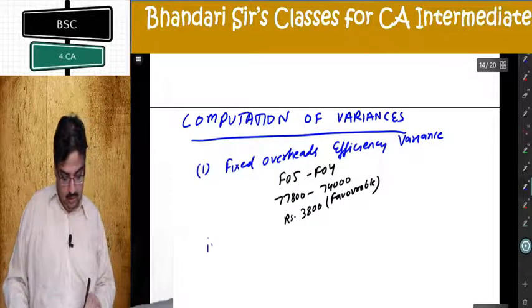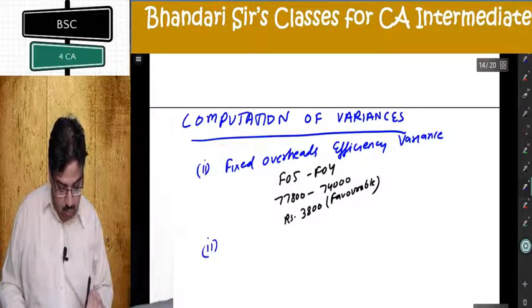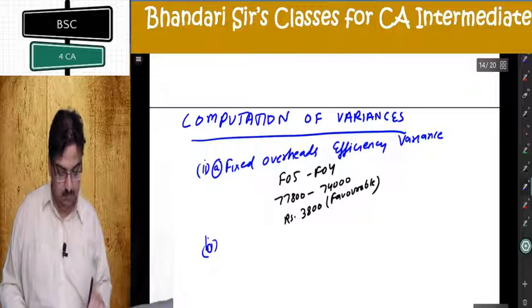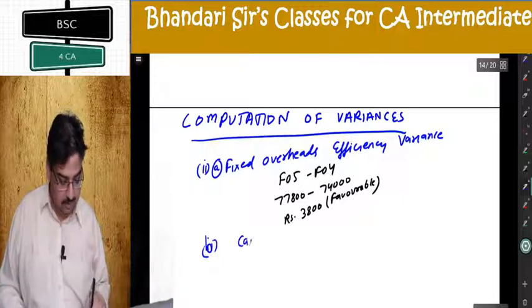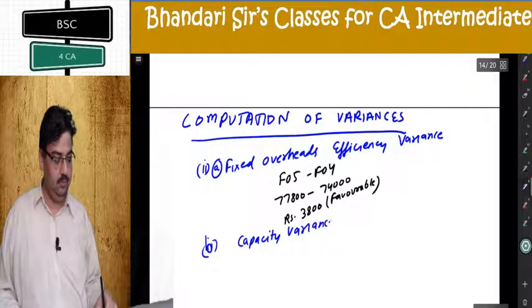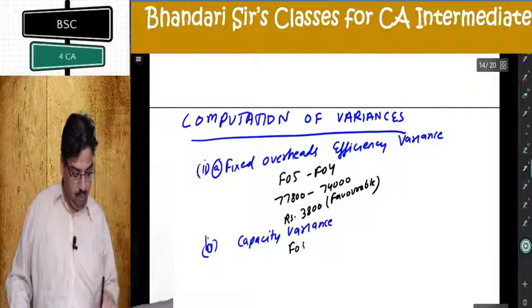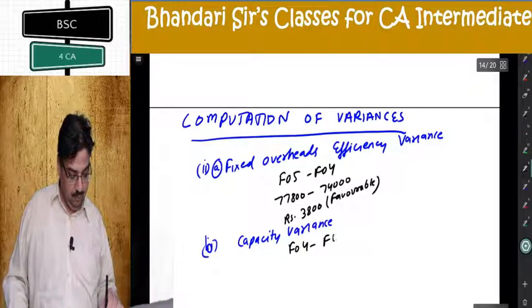Last thing wanted in the question. This is part 2A and B. B wanted is capacity variance. It is FO4 minus FO3.